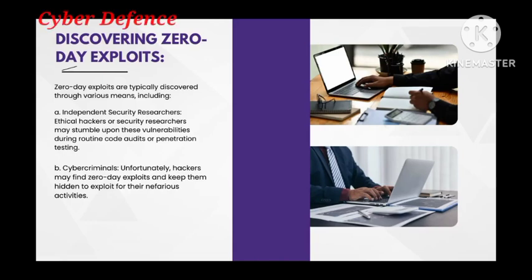Discovering zero-day exploits. Zero-day exploits are typically discovered through various means. A. Independent security researchers: ethical hackers or security researchers may stumble upon these vulnerabilities during routine code audits or penetration testing. B. Cybercriminals: unfortunately, hackers may find zero-day exploits and keep them hidden to exploit for their nefarious activities.